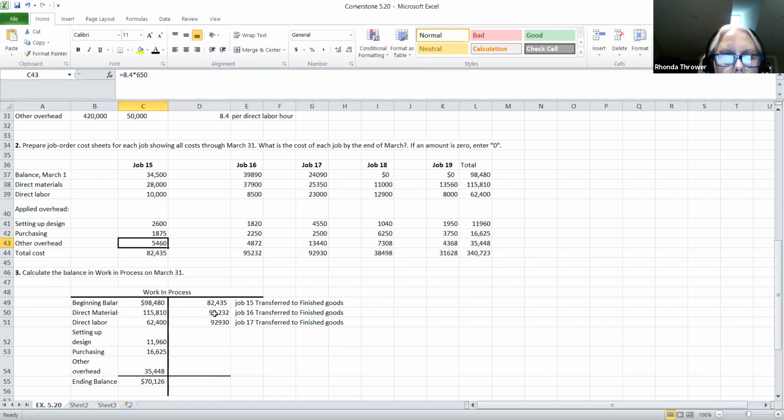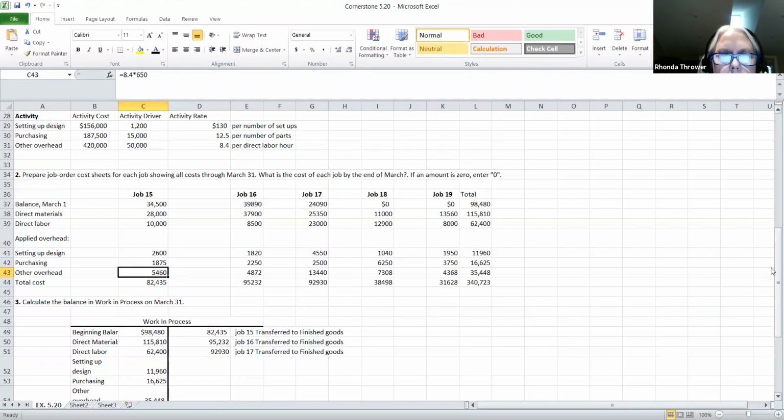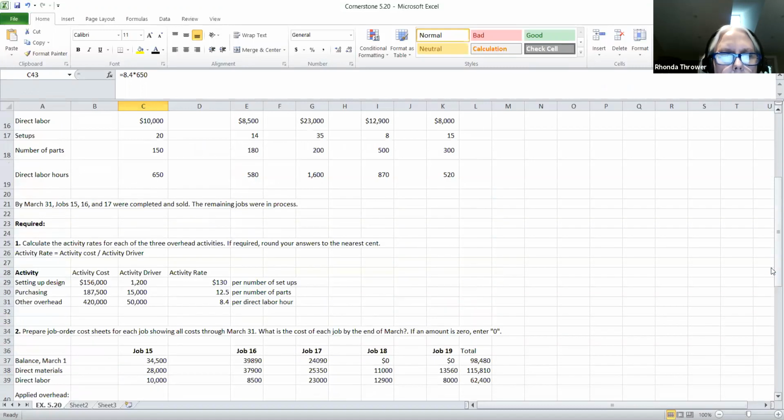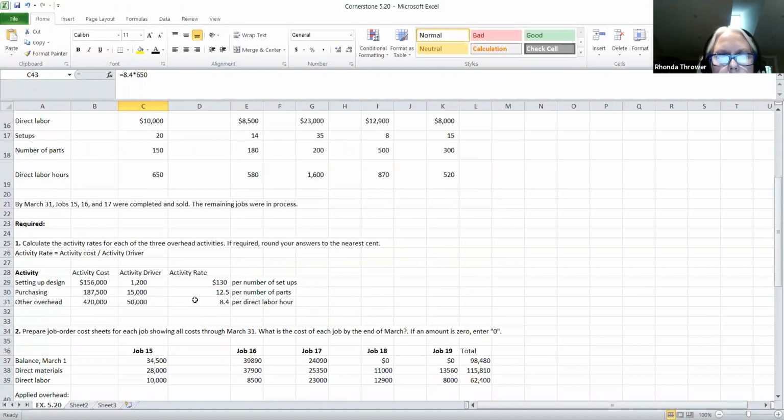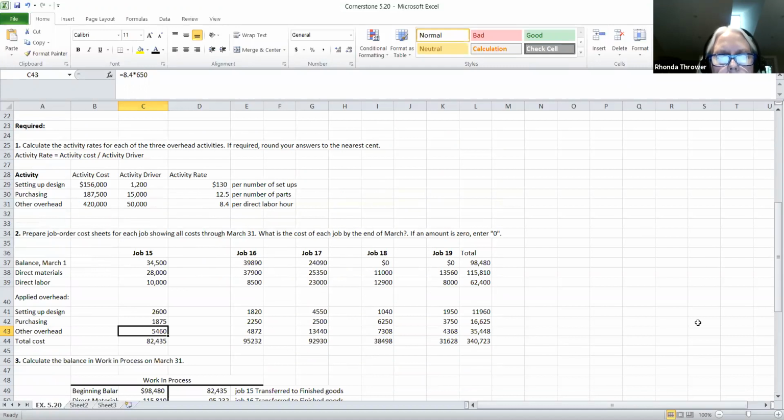When you get through with jobs, you're going to transfer those out. And our problem told us by March 31st, jobs 15, 16, and 17 were completed and sold. So 15, 16, and 17 are completed.